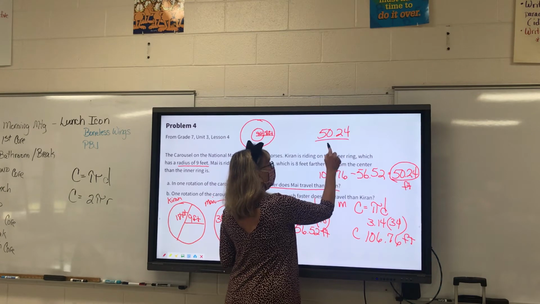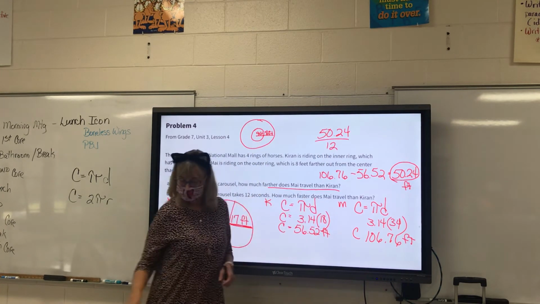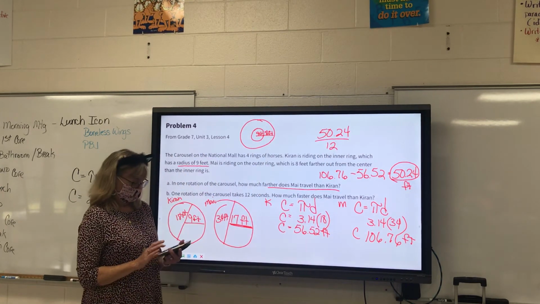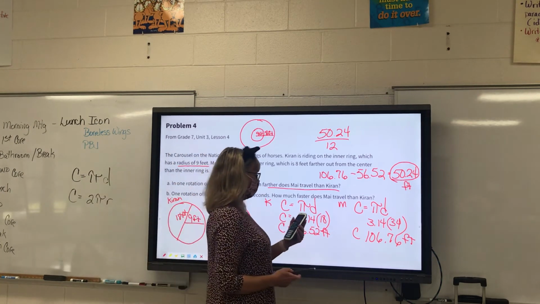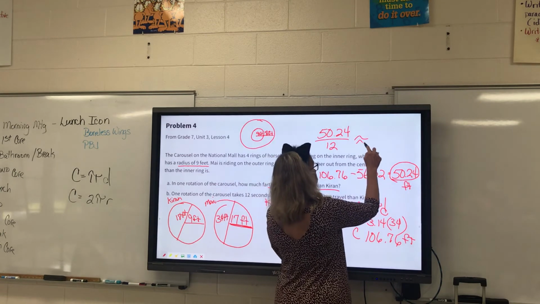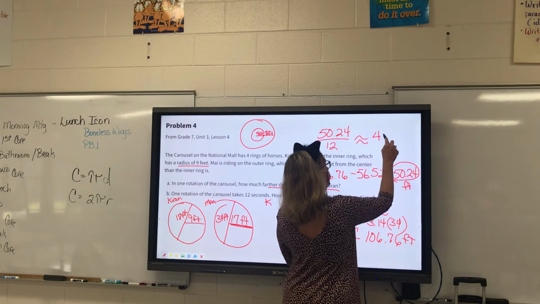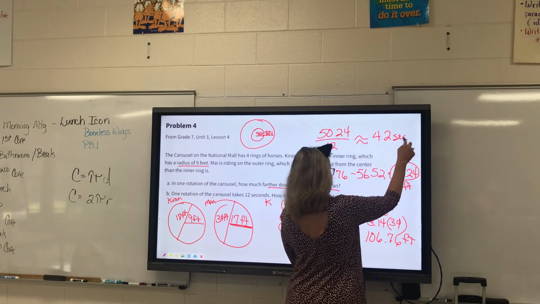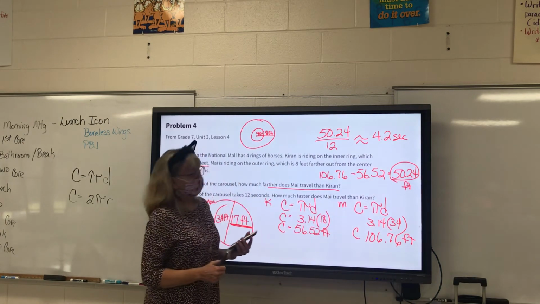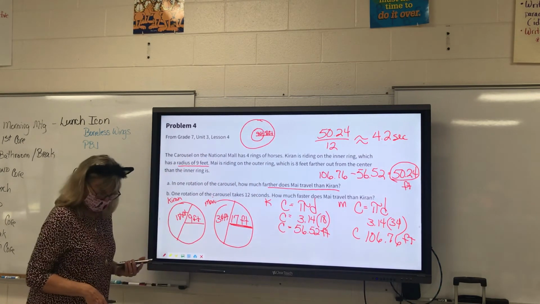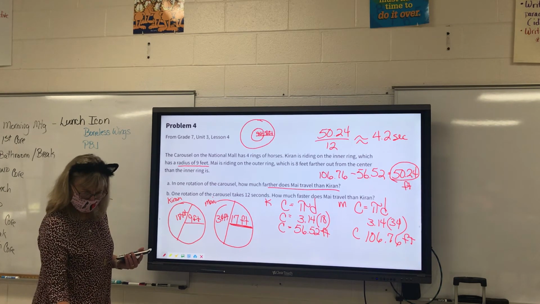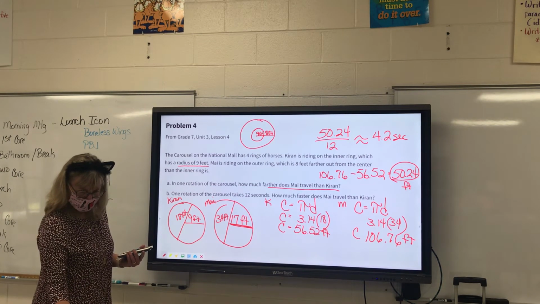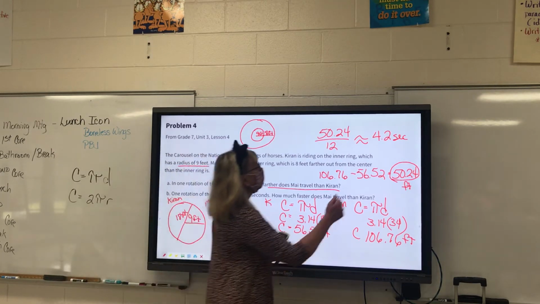So 50.24 divided by 12 seconds is 4.176, which kind of keeps going, doesn't it? Can we say it's approximately 4.2? Per foot? Is that right? Do we have the right unit, or is it minutes? 4.2 feet per second.